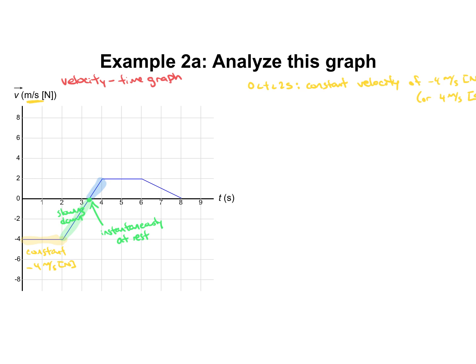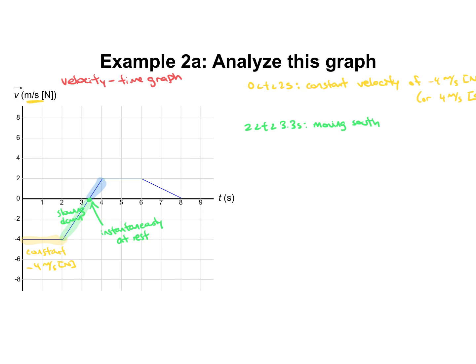All right, so I'll write from 2 to 3, I'm going to say 3.3. I'm just estimating here. It's still moving south, okay? It's moving south because all the velocities are negative, right?